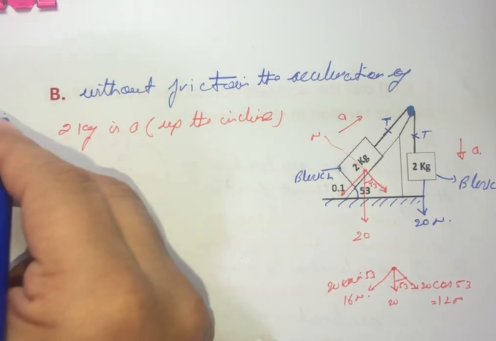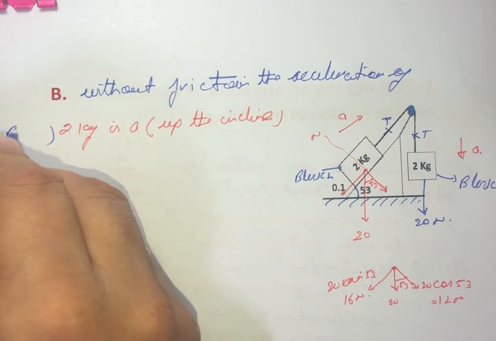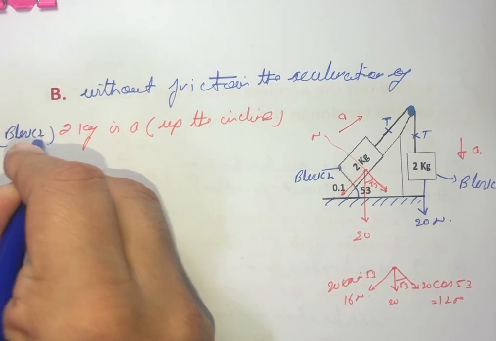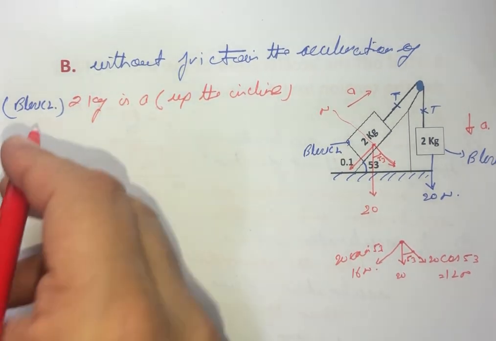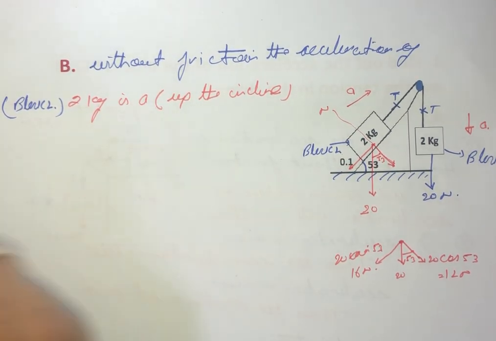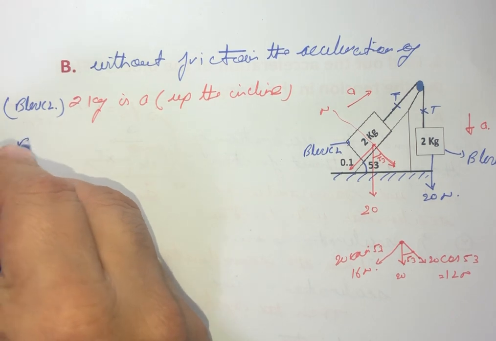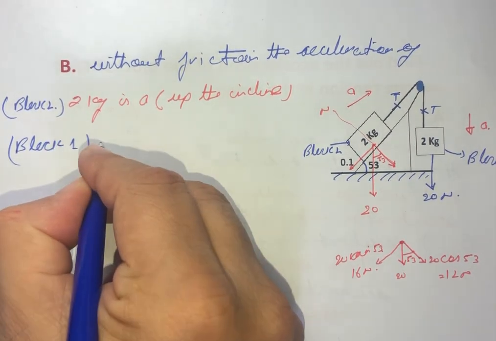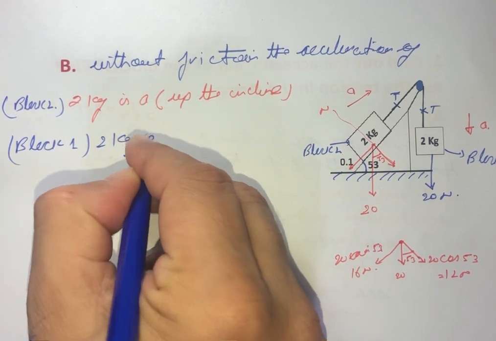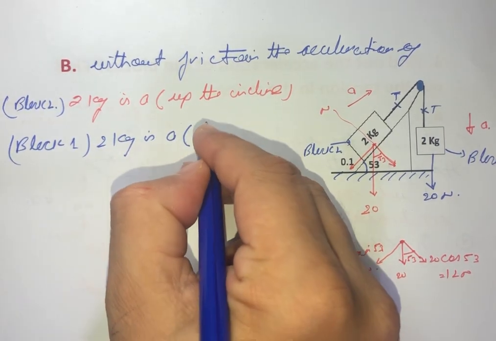So here I am talking about block 2, is up the incline, and block 1, which is also 2 kg, is A downward.